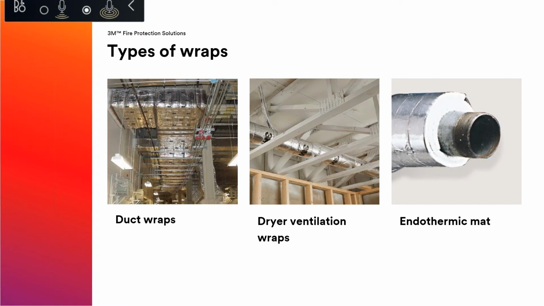That's a code that many jurisdictions around the country are adopting. They want the dryer ventilation ducts to be protected, right? So if that cotton ignites within that dryer ventilation duct, that it's contained, and that we can carry that fire to the outside of the building.